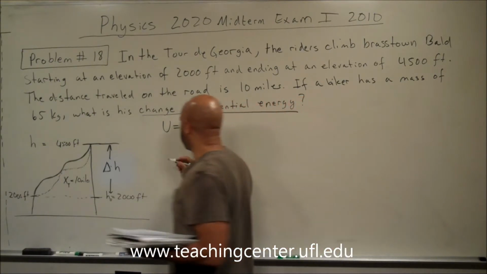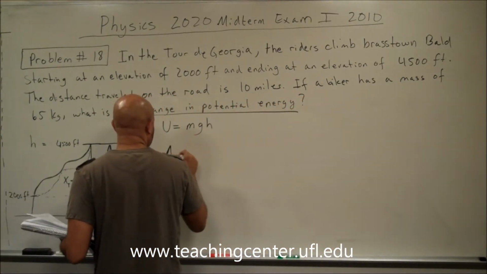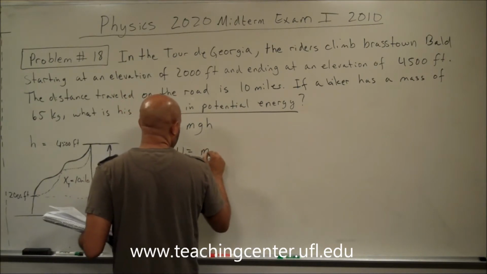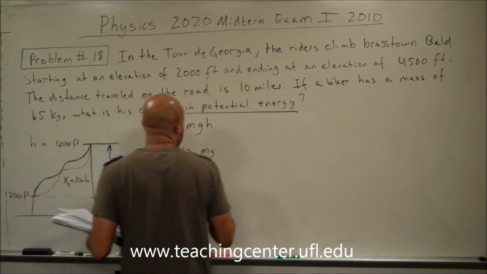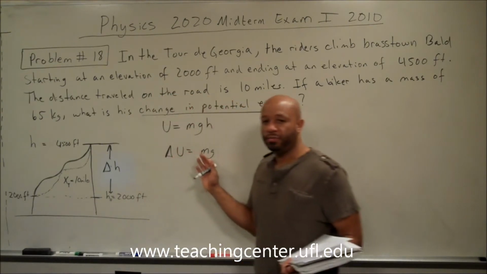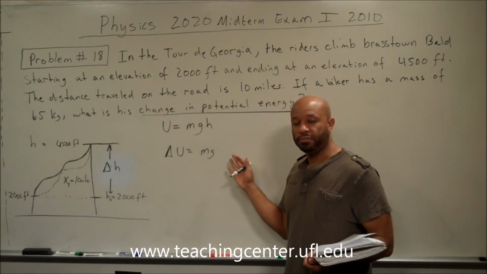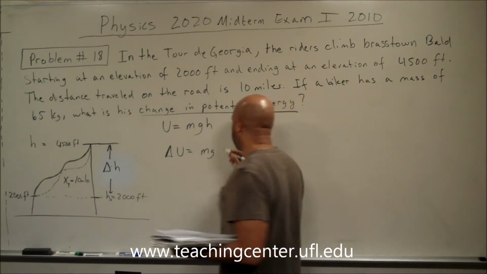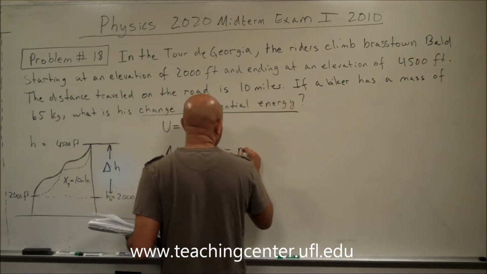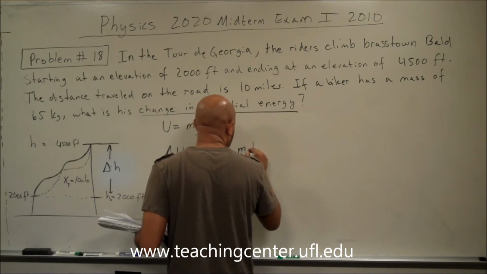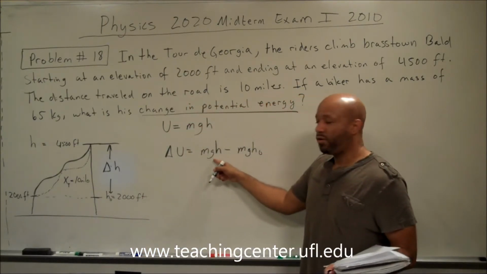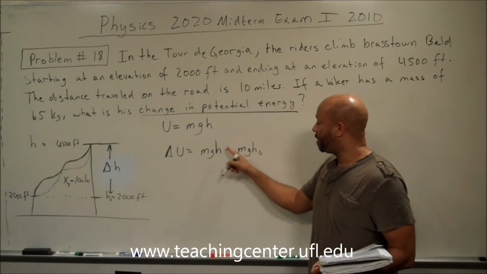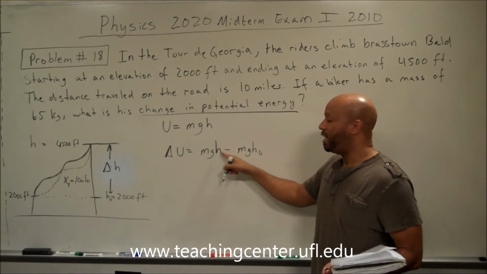The change in potential energy would be your final potential energy minus your initial potential energy. Change is always defined as final minus initial. Since your mass and gravity don't change, those are the same in both cases. The only thing that's changing is the height.